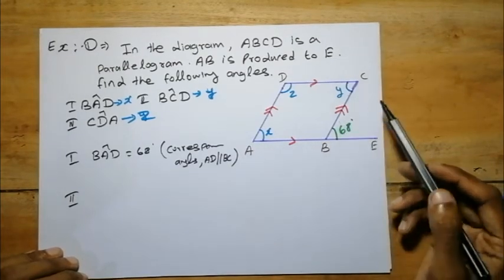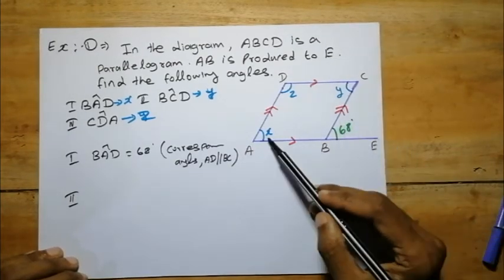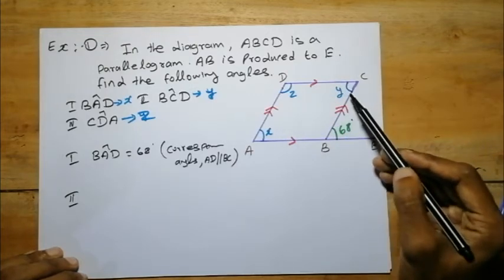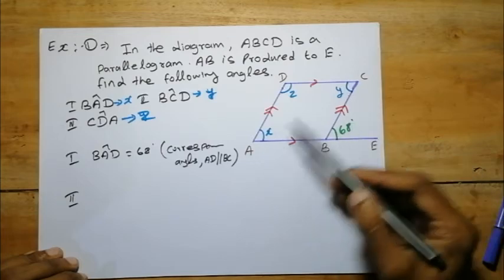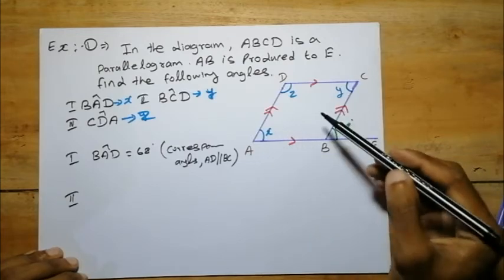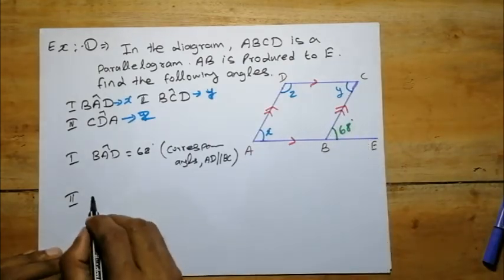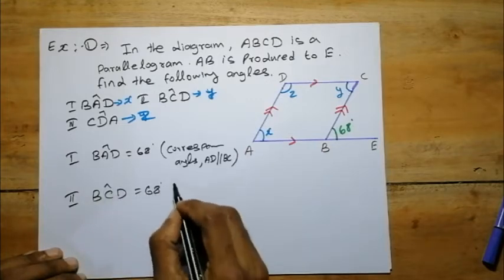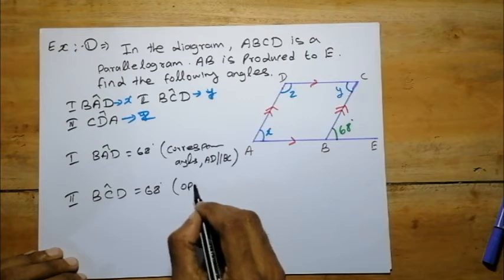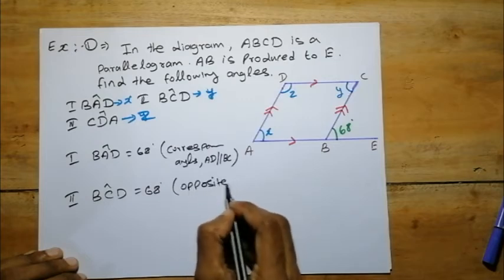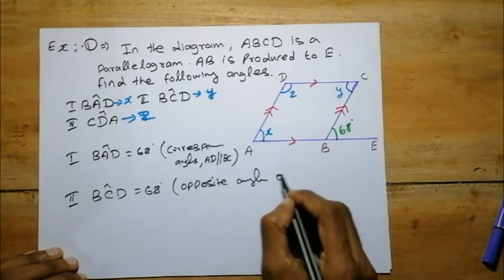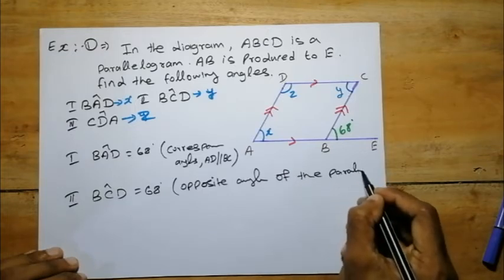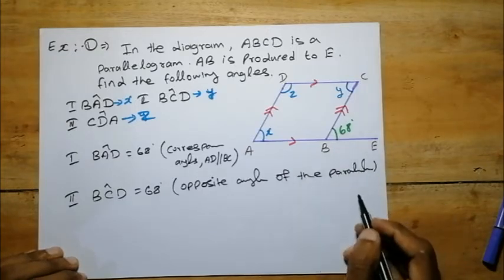X and Y are opposite angles. So BCD is also 68, because opposite angles are equal in a parallelogram. So BCD equals 68. The reason: opposite angles of the parallelogram. So we are writing the theorem we studied.